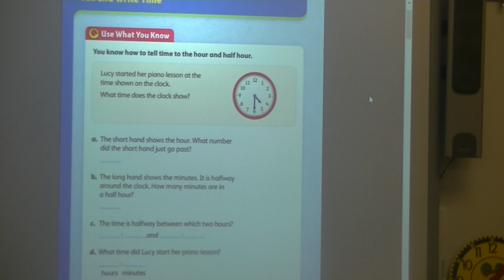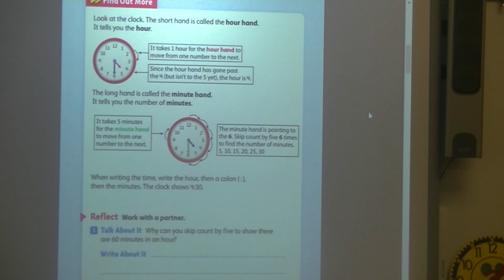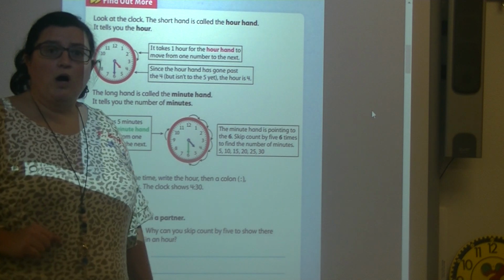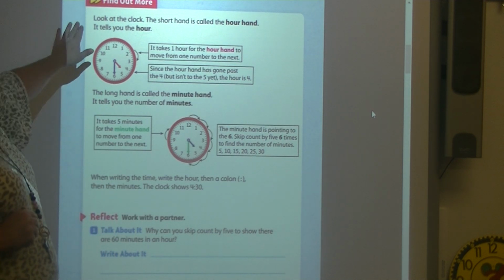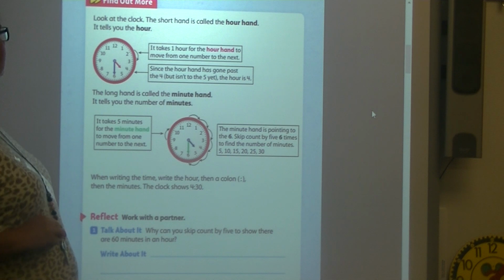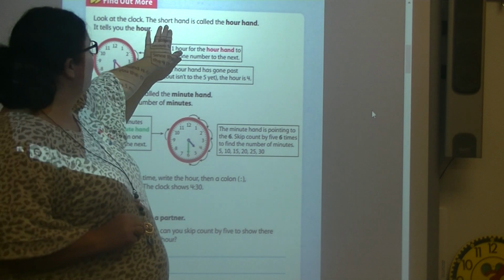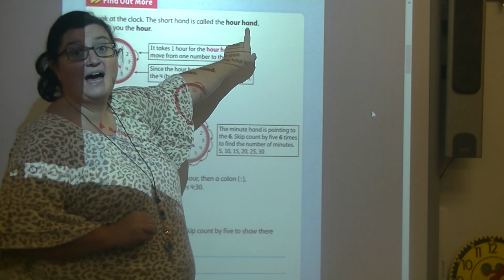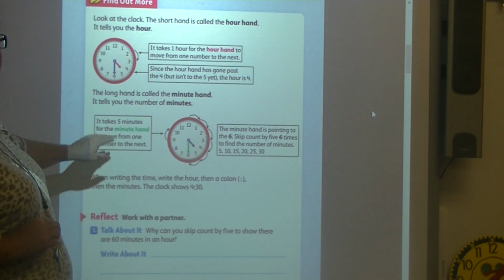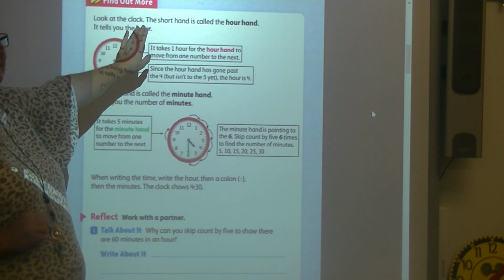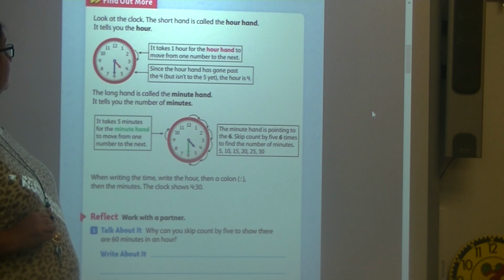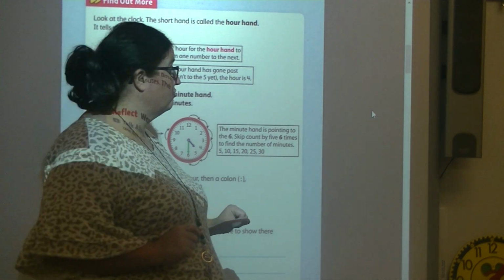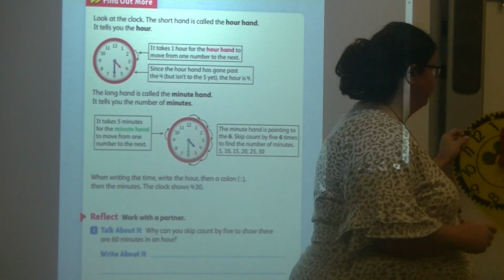All right, turn the page. It says find out more. Look at the clock. The short hand is called the hour hand. It tells you the hour. So your short hand tells you the hour.